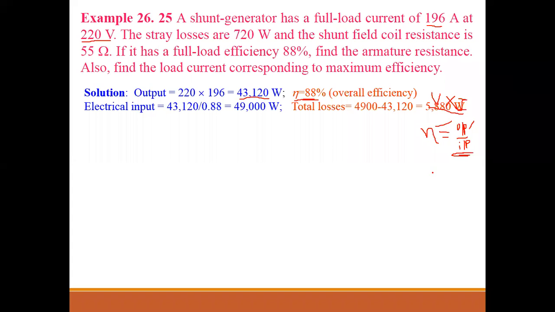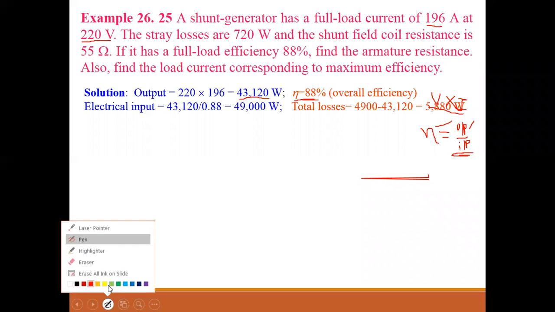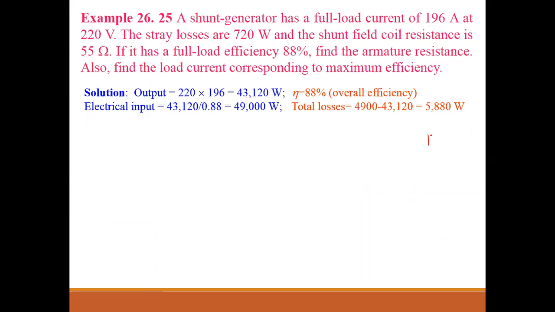So input is equal to output divided by efficiency. The output we have calculated right now is 43,120 watt, and efficiency is 88%. So input is 43,120 divided by 0.88. So we got the electrical input as 49,000 watt, or we can say 49 kilowatt.